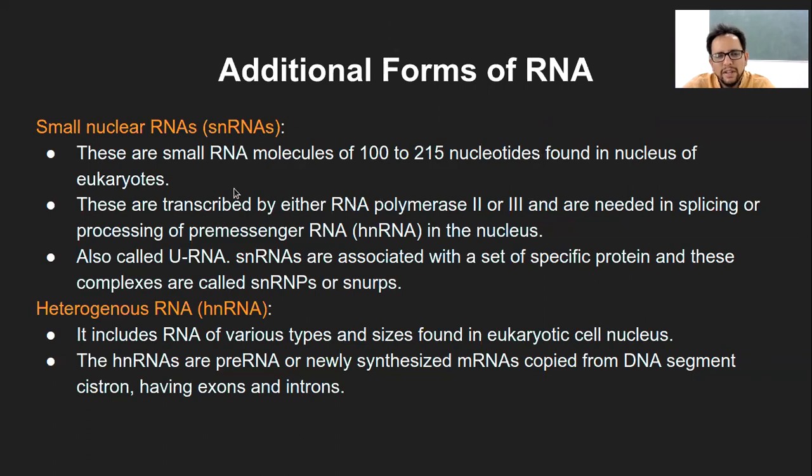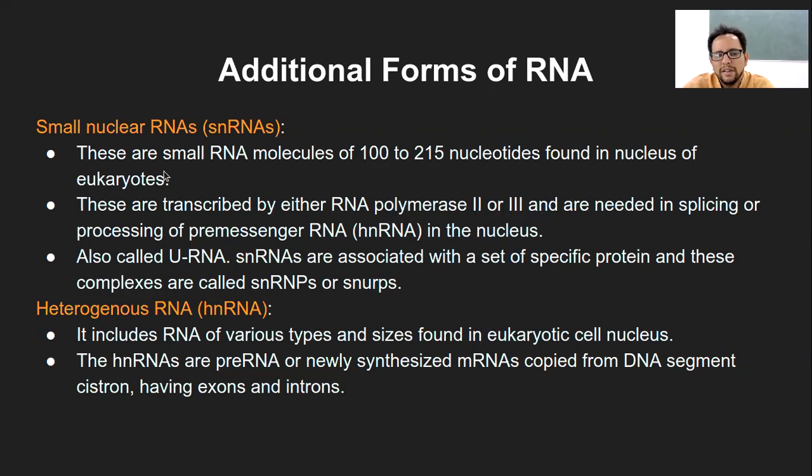They are transcribed by either RNA polymerase 2 or 3. We will look at the difference. What is this RNA polymerase? It is actually used for RNA synthesis. That is what RNA polymerase is. We will look at the different types, whether 1, 2, 3 or whatever.